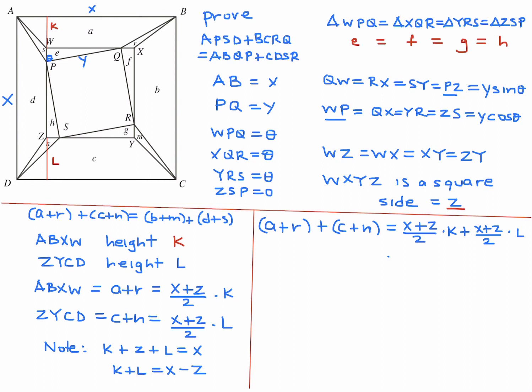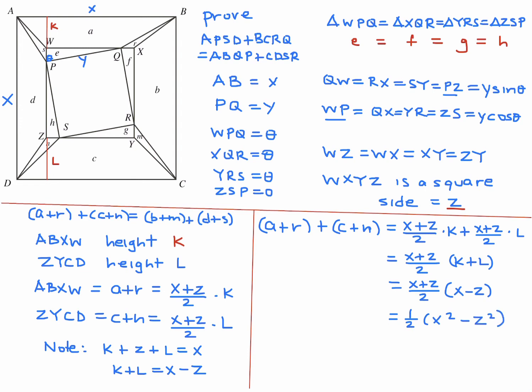No tricks. Now we just factor out the (x plus z)/2, and that will give me k plus L. And then (x plus z)/2 times (k plus L). But k plus L is x minus z, so I can substitute that in, x minus z. And then now this gives me 1/2 times (x squared minus z squared).